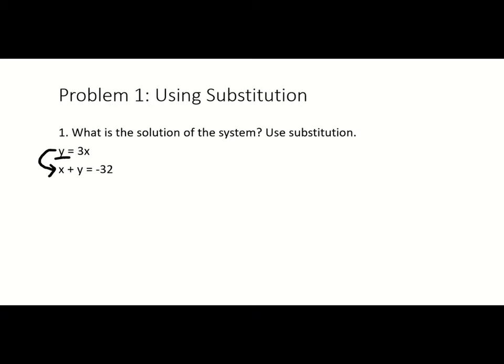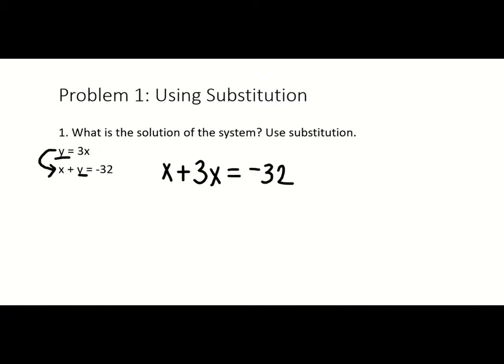So in my other equation, I'm going to keep the x plus, and I'm going to replace y with what y equals. According to the first equation, y is equal to 3x. And then I'm going to keep copying that second equation, which says it's equal to negative 32. So all I'm doing is replacing y from the first equation into the second equation.